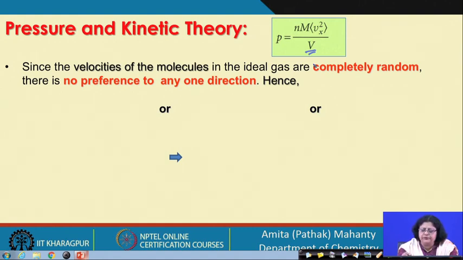From this expression we got the velocity, which we had taken as the velocity of the particles moving in the x direction. What are we going to call this? We are going to call this the root mean square velocity.